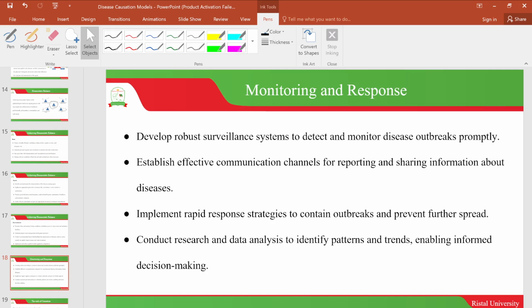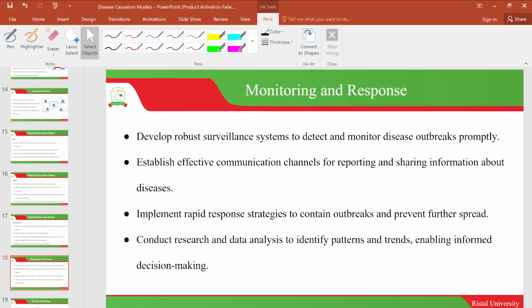And then, of course, for you to address these problems appropriately, you need to have continuous measures. For example, in epidemiology, we are concerned with epidemiological surveillance, getting to know what diseases are happening in particular populations, and then telling people about these diseases and how they can control them.